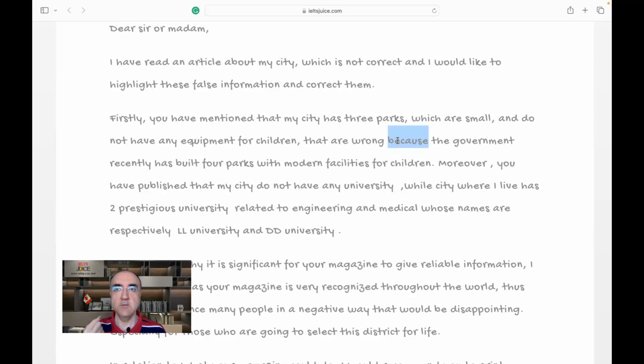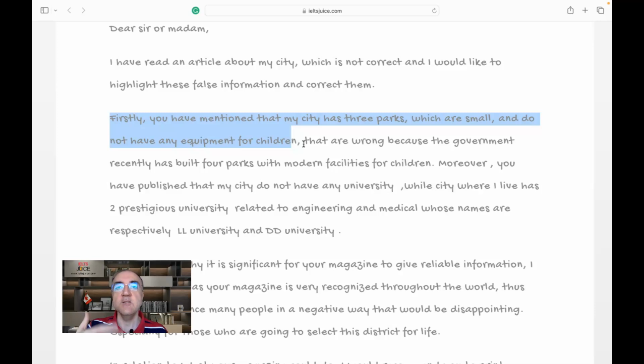We need one topic sentence which acts as a gateway for us to read ahead, read the paragraph. So we need a gate, an entryway, and then let the reader carry on reading and see what the other sentences are about. So in this case, I would say which is wrong, and that's it, full stop.